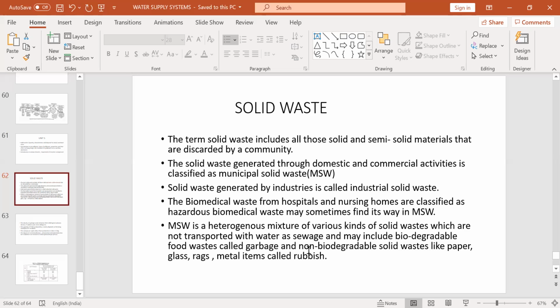If it is non-biodegradable, like paper, glass, rags, metal items, and various other items which do not contain organic things, it is rubbish. So MSW is a mixture of garbage and rubbish. This is the main differentiation.